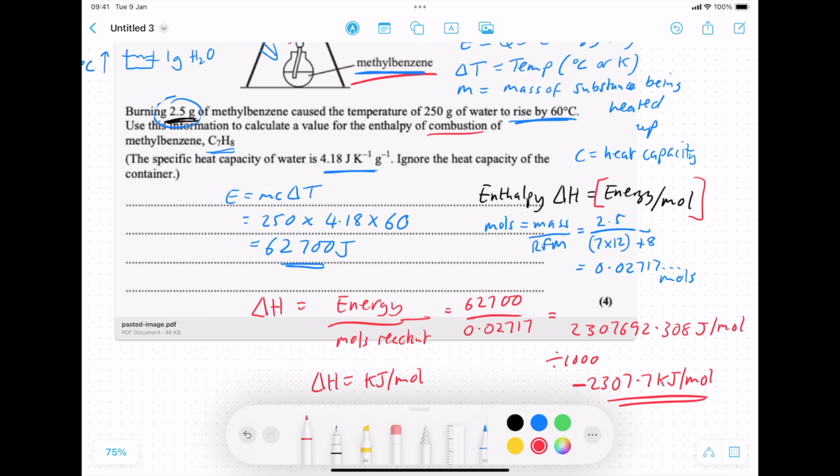So don't forget to check your final answer to make sure there's a negative sign attached to it. If it is a combustion reaction, which is obviously exothermic, you just know it to be an exothermic reaction. Right, so that's the first type of specific heat capacity question you will see in chemistry.